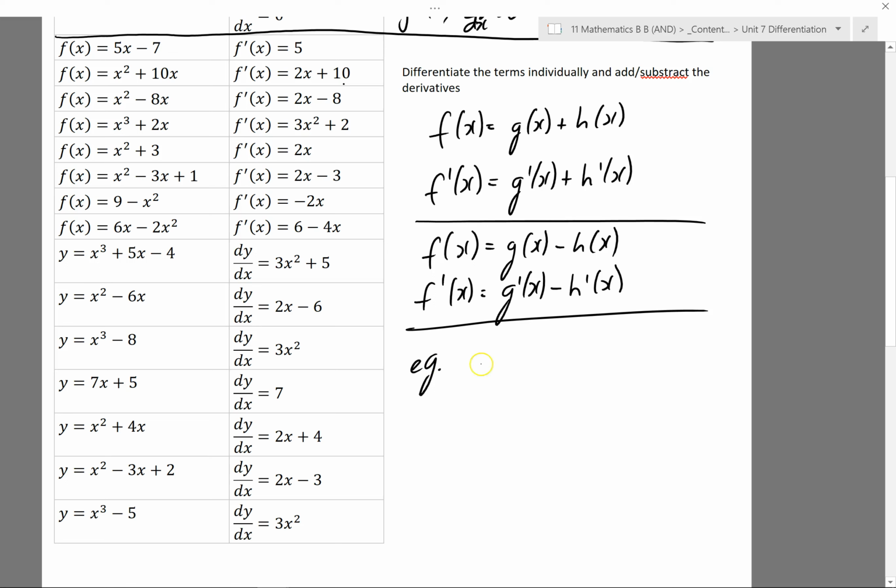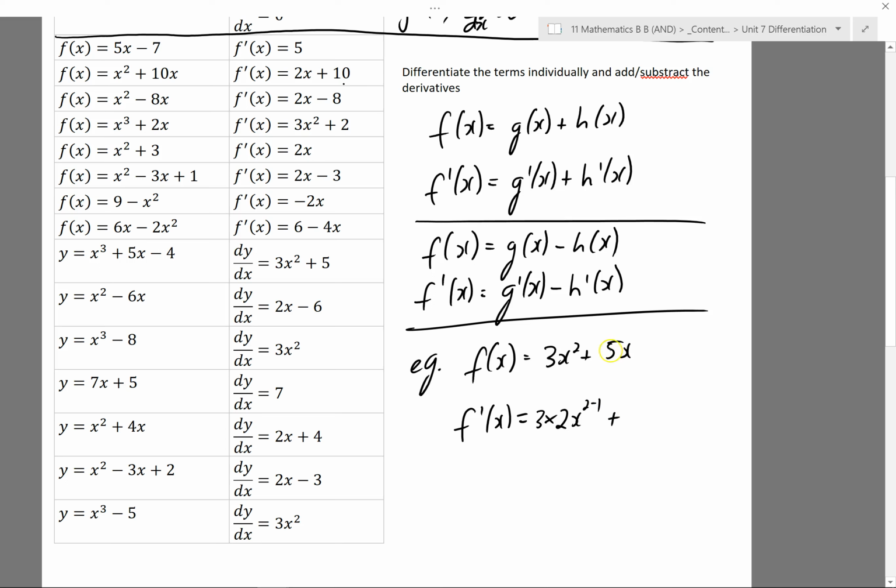If I have an example where my function is, say, 3x squared plus 5x, that one probably exists on the left, I'm not too creative, no, it's not there. So to differentiate this, I'll differentiate the first term, so I'll do 3 times 2x to the power 2 minus 1.